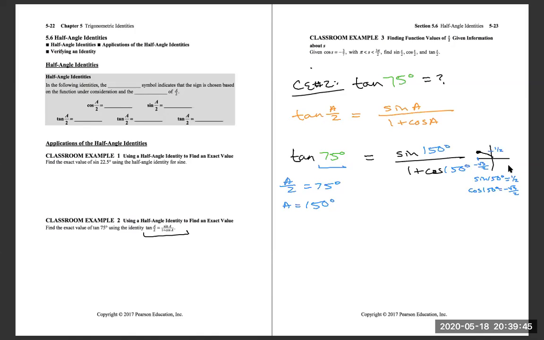Sorry, that's pretty small. So over here, tangent 75 degrees is equal to sine of 150 degrees, which is 1/2, divided by 1 plus cosine 150 degrees, which is negative root 3 over 2.